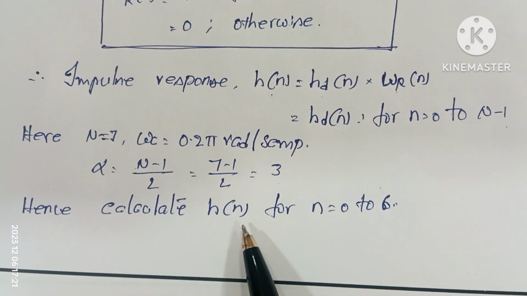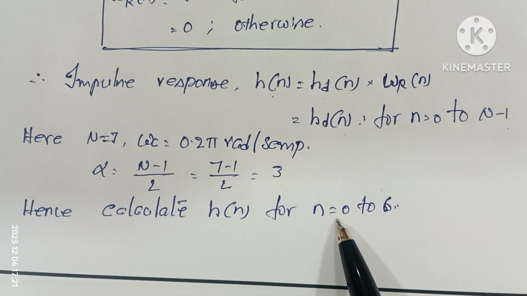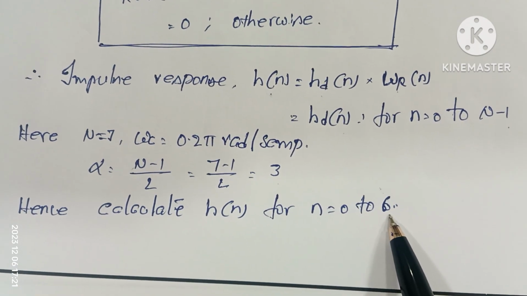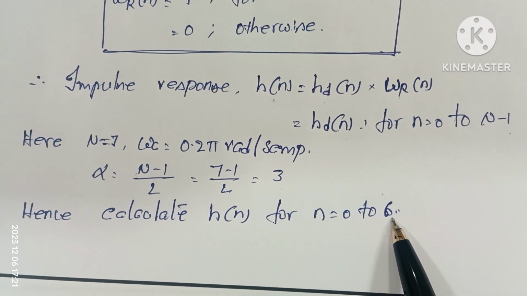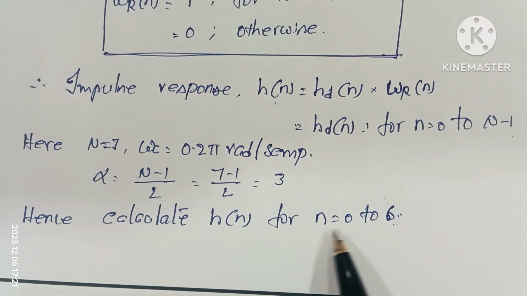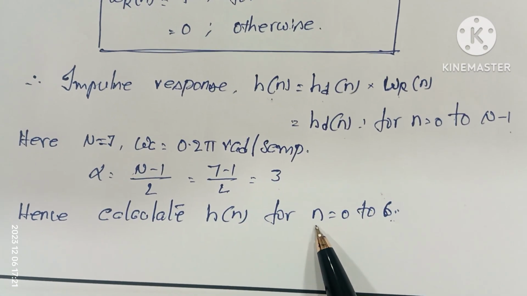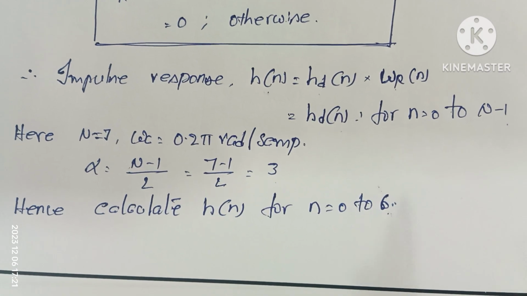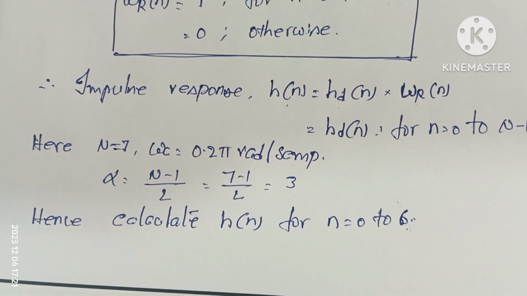So we have to calculate the value of h of n for n equal to 0 to N minus 1. Here capital N equals 7, so we have to compute the value of h of n for n equal to 0 to 6.